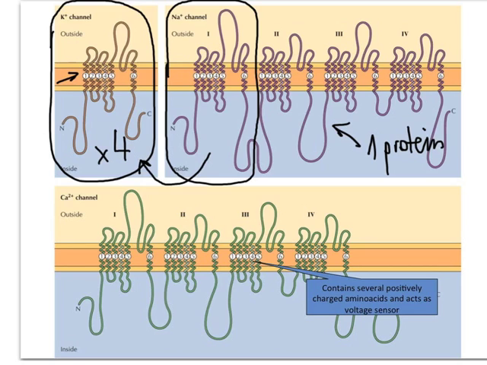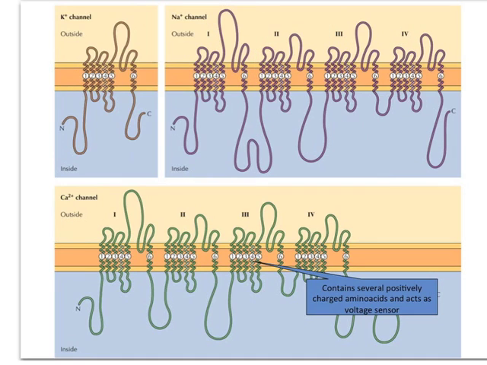This single structure is repeated 4 different times in the length of the sodium channel. Therefore, the sodium channel, just like the potassium channel, has 24 transmembrane domains. The same basic structure is also true for the calcium channel.